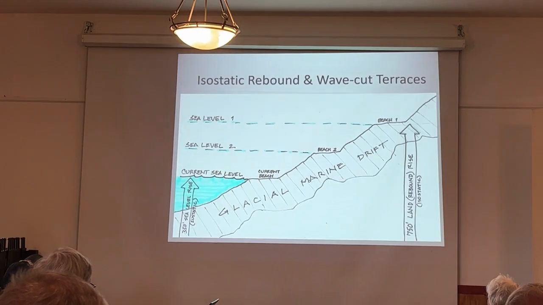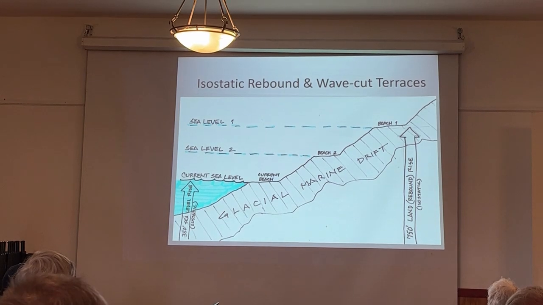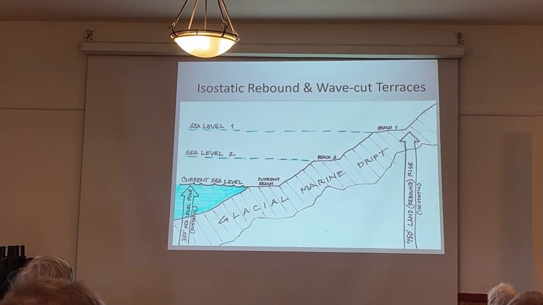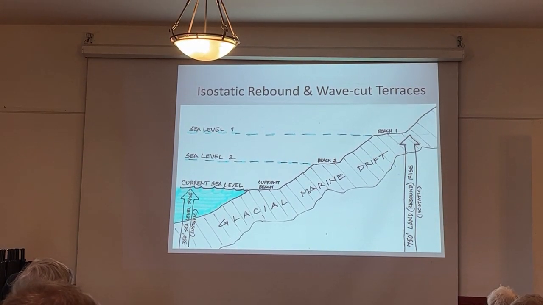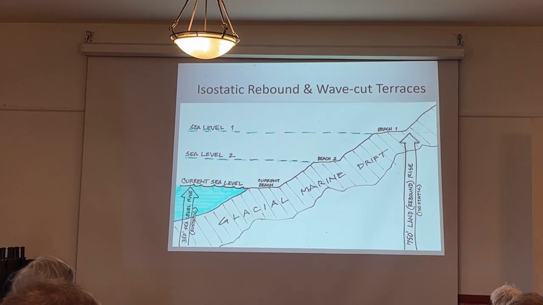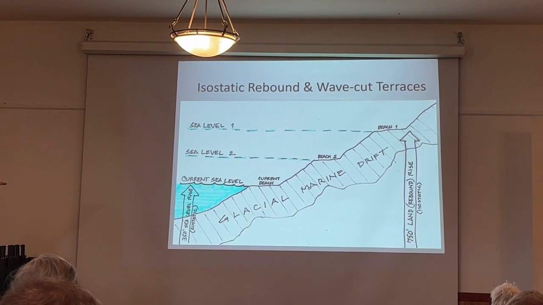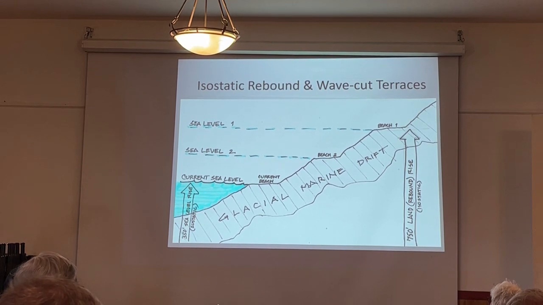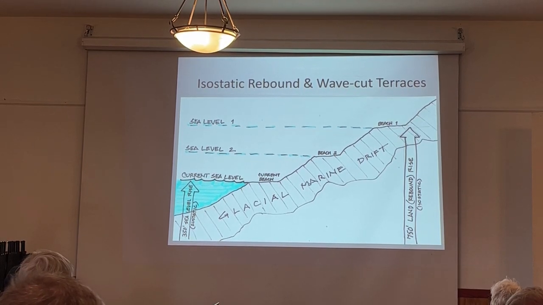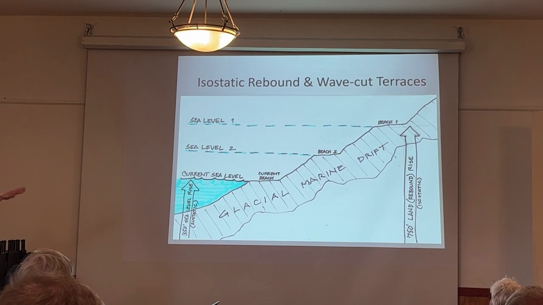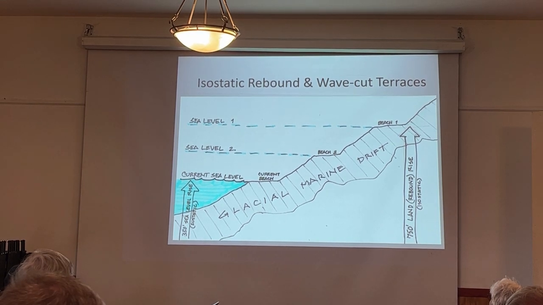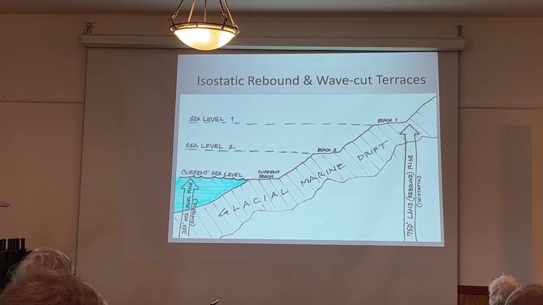And the next one shows wave cut terraces. Okay, what are those like? Well, when the glaciers left, the ocean was happy because it could make waves and all sorts of things. And each one started making a bench there, just eroding the bench. This is all sedimentary stuff, so it's pretty easy to erode. Okay, and then what happened?